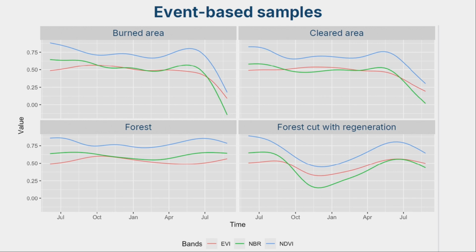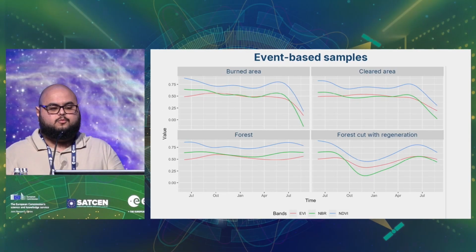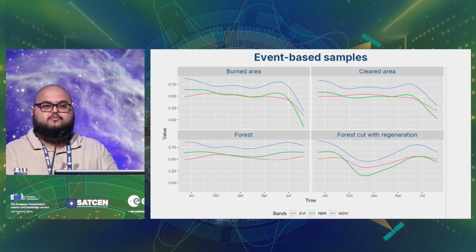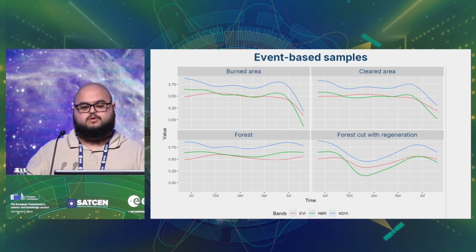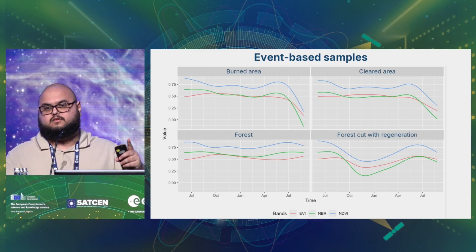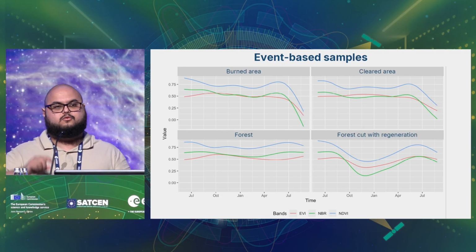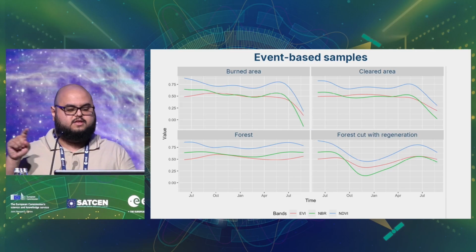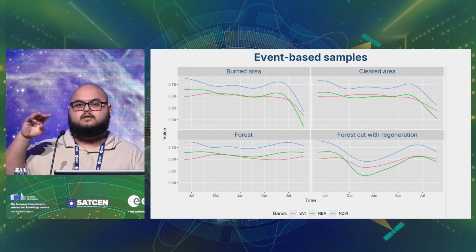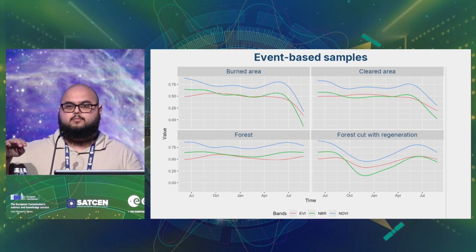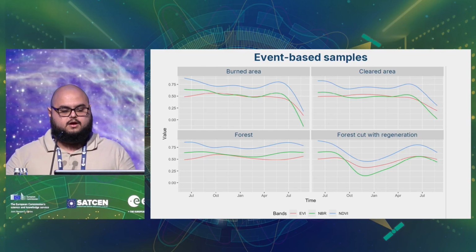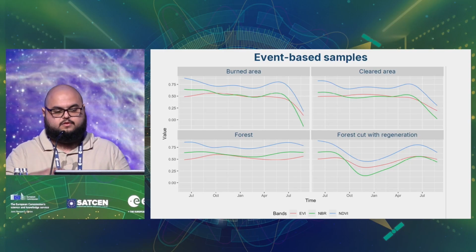Forest is more stable because in this case it is an object, and forest cut with regeneration is interesting because we see the forest as an object, and then we see the event happening in the time series. You see we start with EVI and NDVI high, then we have a drop, and then it starts to regrow where people deforested these regions.